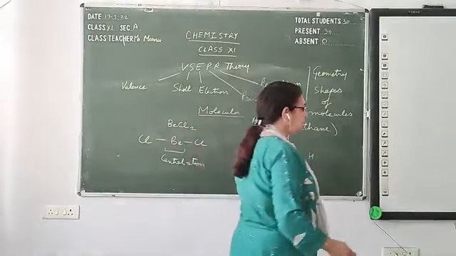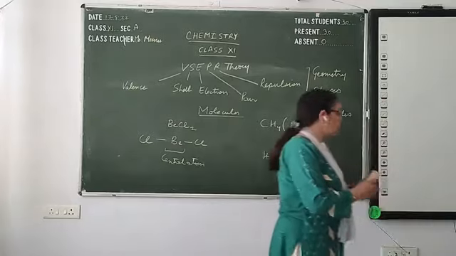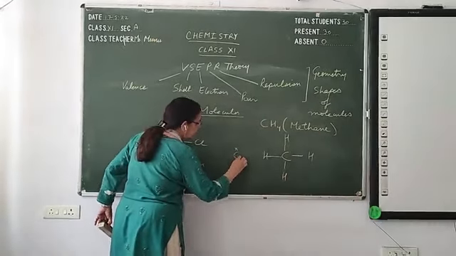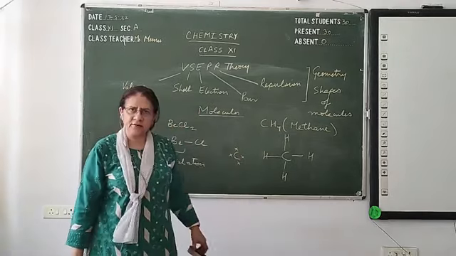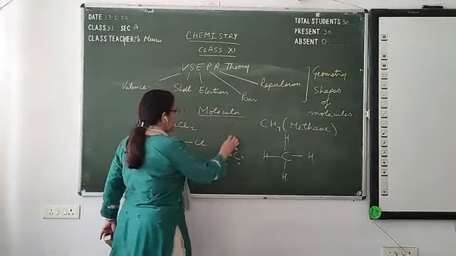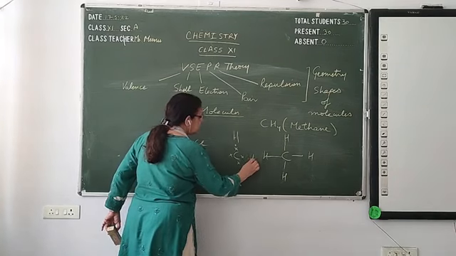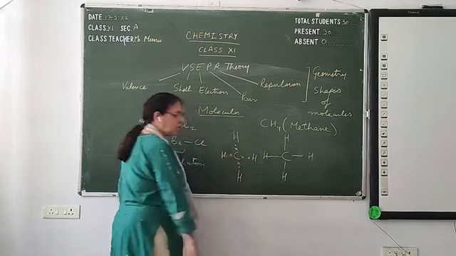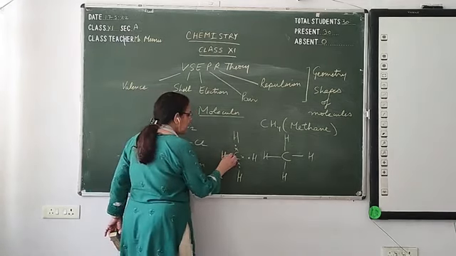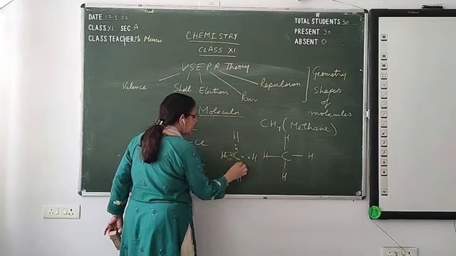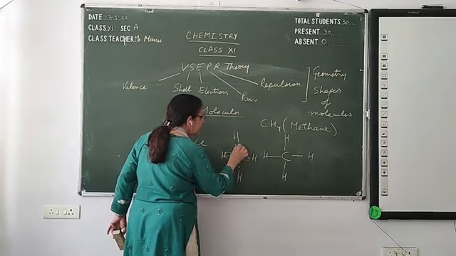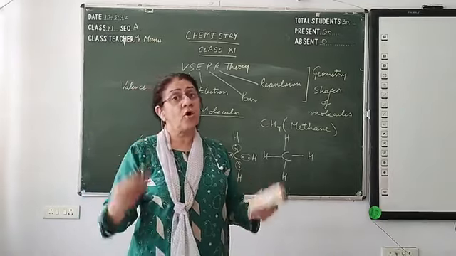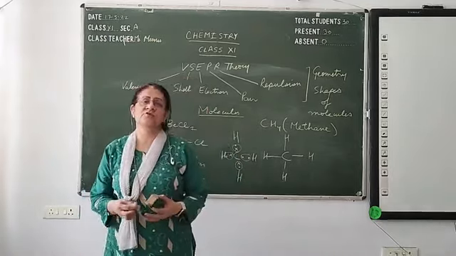So let us try to make the Lewis dot structure of methane. It will be carbon with 4 valence electrons, and each hydrogen with 1 electron. So you will have this as the electron pair. You have already learned about Lewis dot structures.